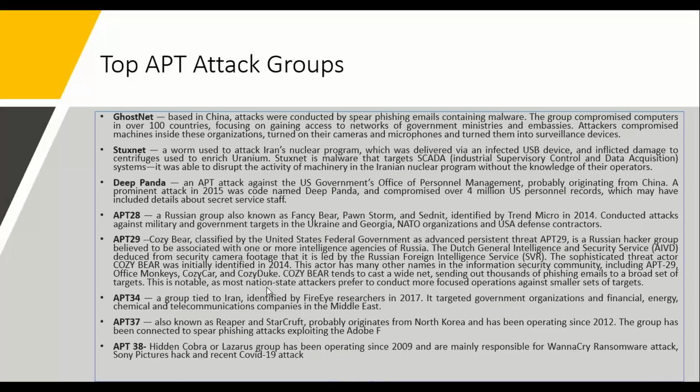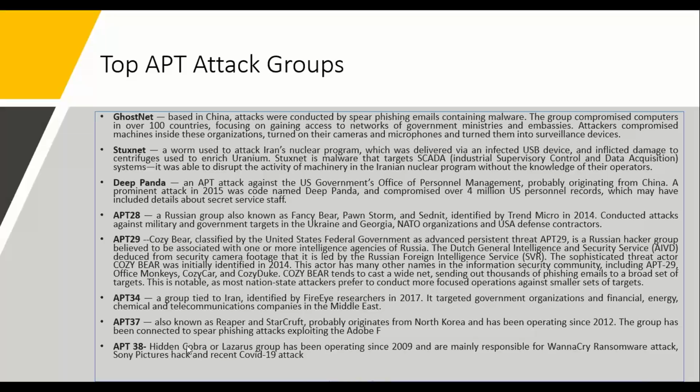This is notable as most nation-state attackers prefer to conduct more focused operations against a smaller set of targets. But Cozy Bear always targets larger organizations or countries, and then launches phishing attacks so that people get compromised and they can easily gain access.